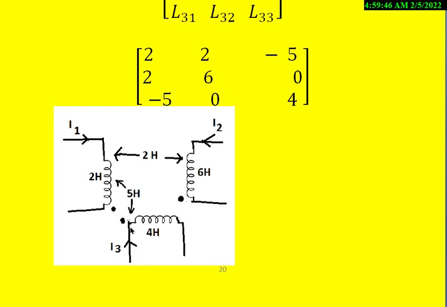This comes under dot rule 2, where current enters the dot in one coil whereas the current leaves in the other coil, and the mutual inductance gets the negative sign, opposite to that of the self-inductance. So here the mutual inductance is 5, and since L11 is positive, we get minus.